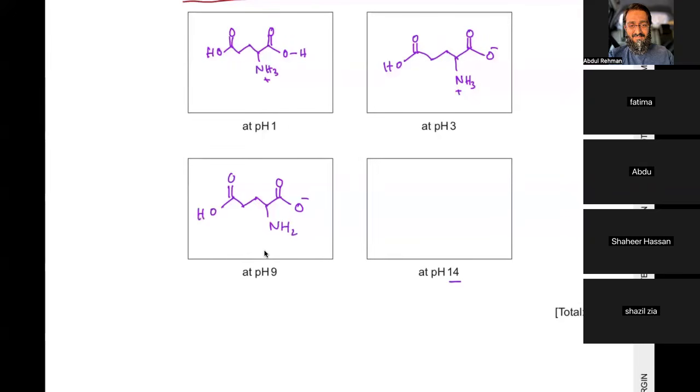At pH 14, the other carboxylic acid, which hasn't lost its hydrogen yet, also loses its hydrogen.